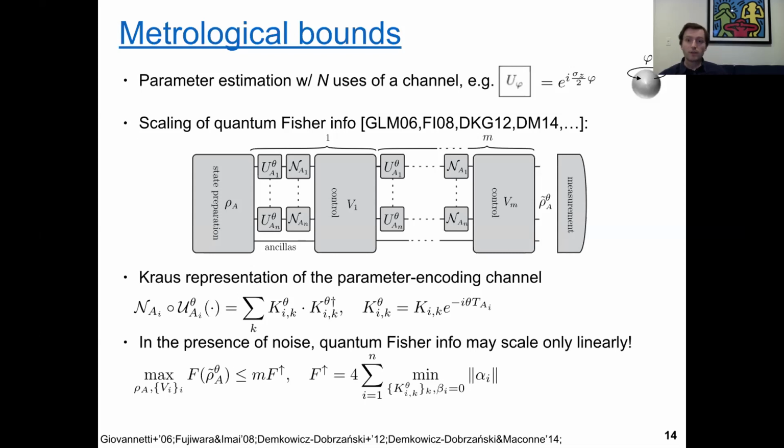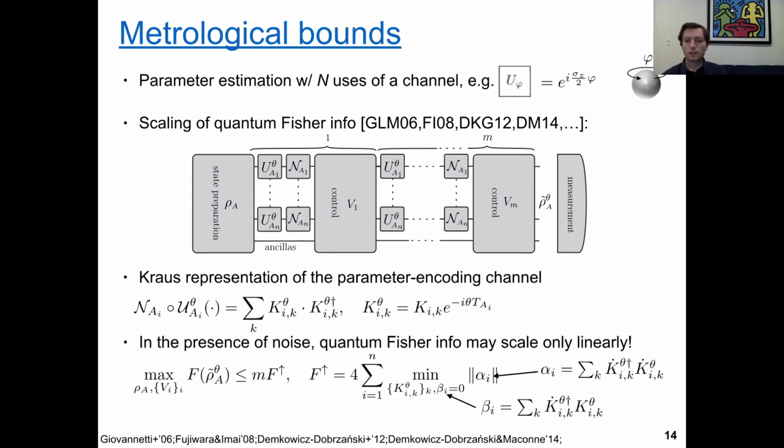It can happen that in the presence of noise, quantum Fisher information can scale only linearly with the number of channel uses. This can happen if this quantity beta, it gets a bit technical, satisfies certain conditions, and they can be checked.